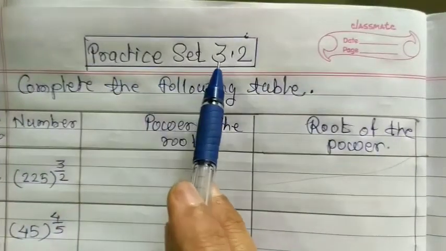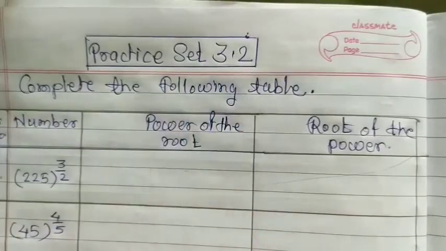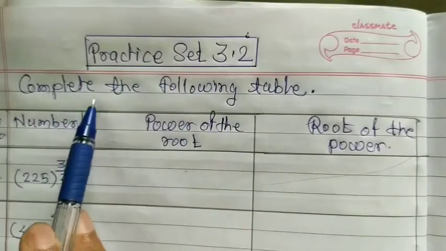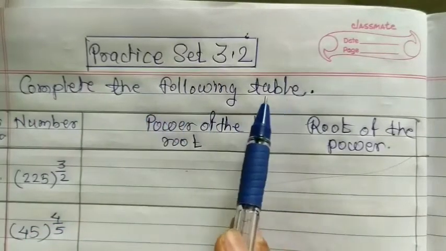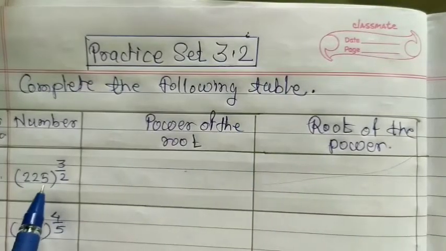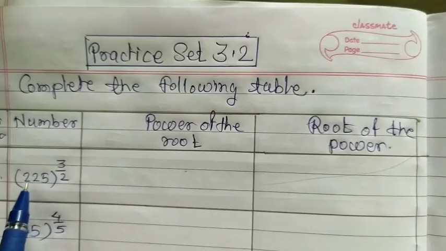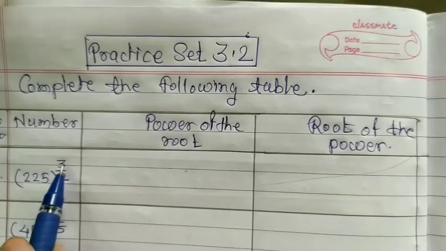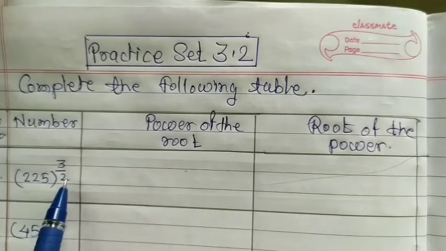Practice set 3.2, question number 1. Complete the following table. Let's see the first example: 225 raised to 3 upon 2.